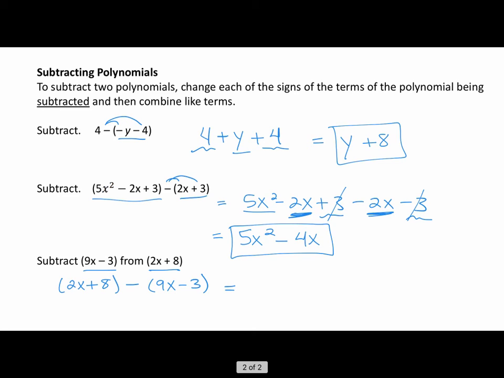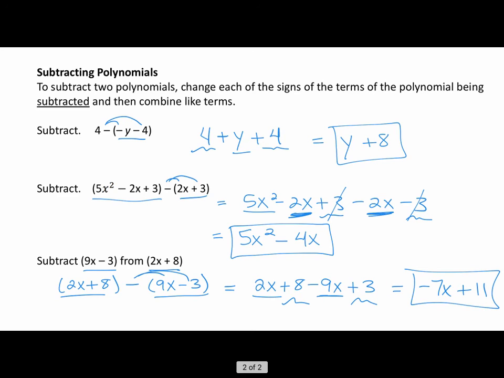So now our first polynomial, we just need to remove the parentheses. But our second polynomial, we distribute the subtraction. So minus 9x and changes the sign plus 3. Then we can simplify by combining like terms. So x's, we have 2 minus 9, that's negative 7x's altogether. And the constant term, 8 plus 3, is 11.